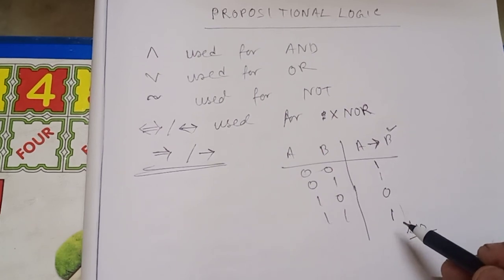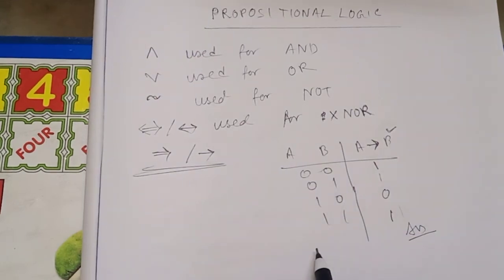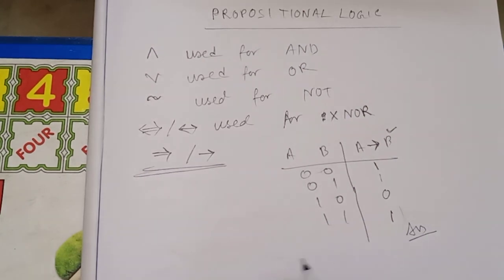So why am I writing this? I will explain that you get a formula or an expression and you need to solve it. How you solve it, I will tell you right now.